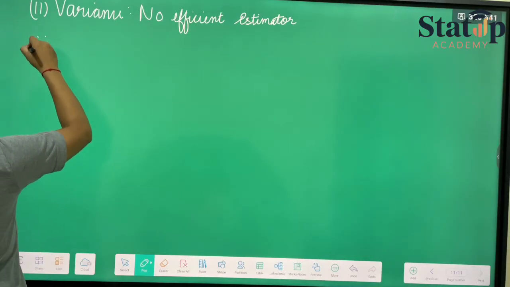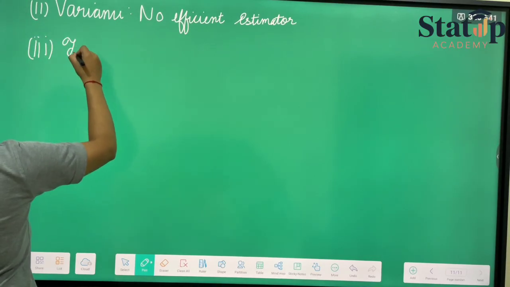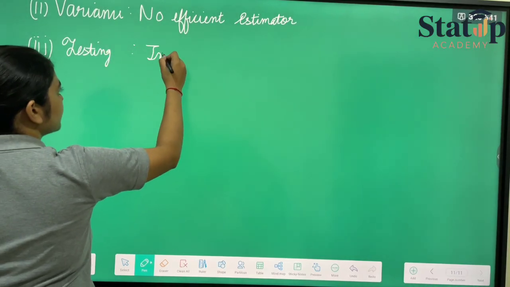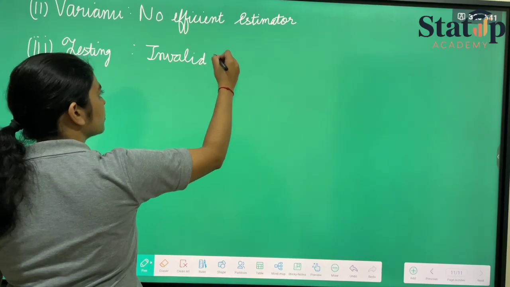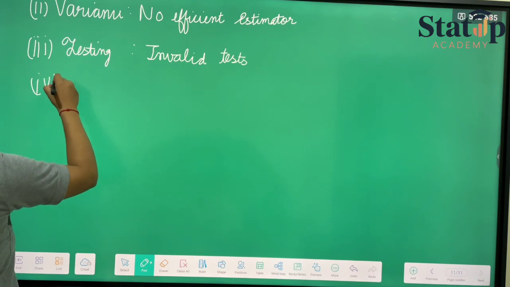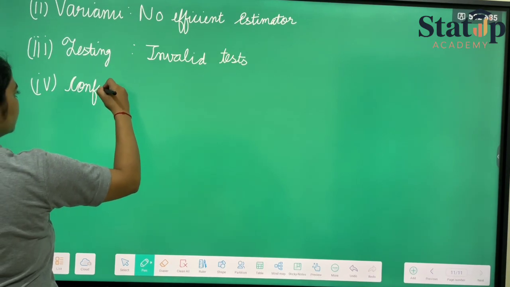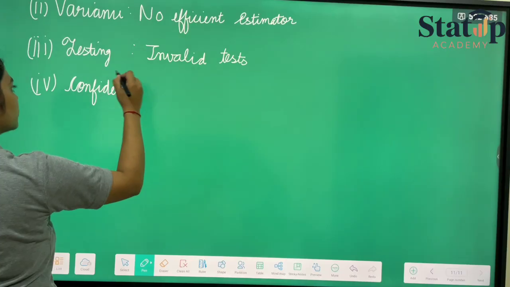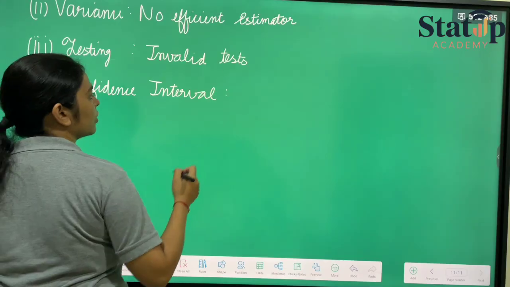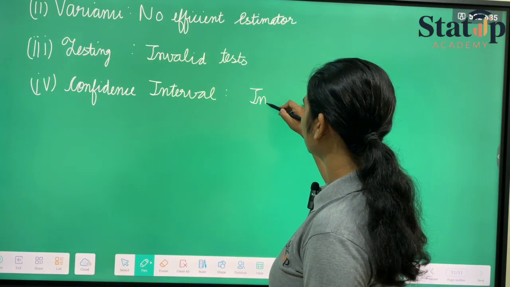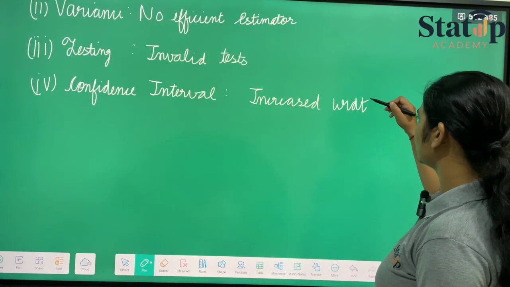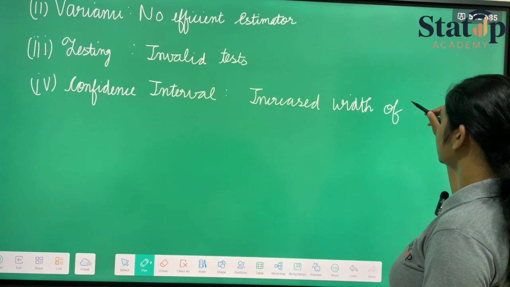Third one was testing, invalid tests. Fourth one was confidence interval, increased width of CIs.